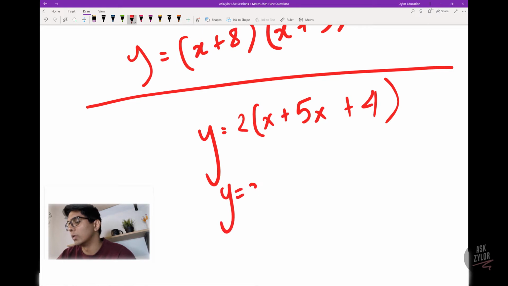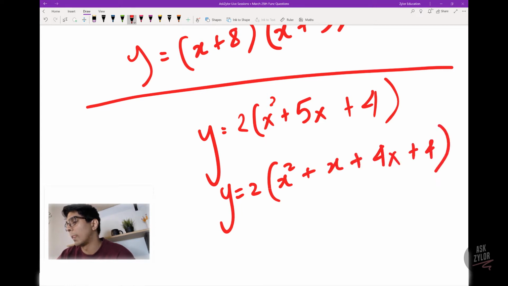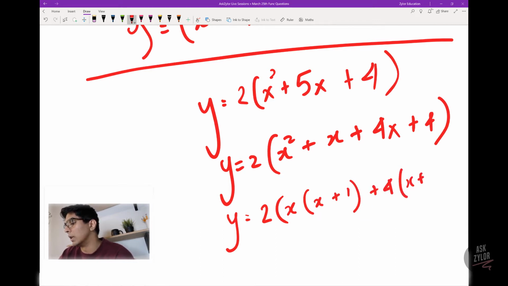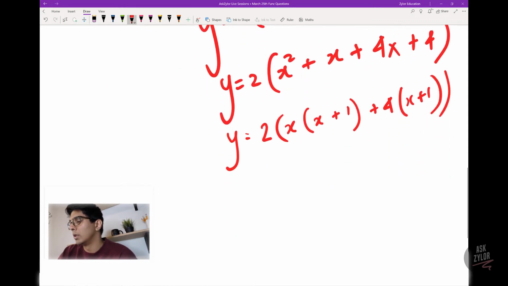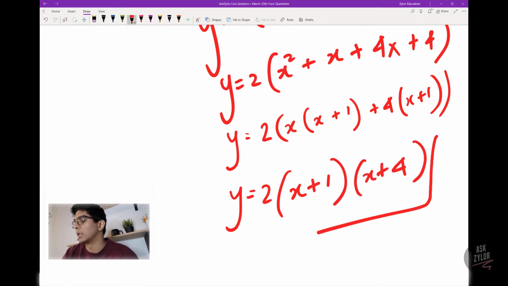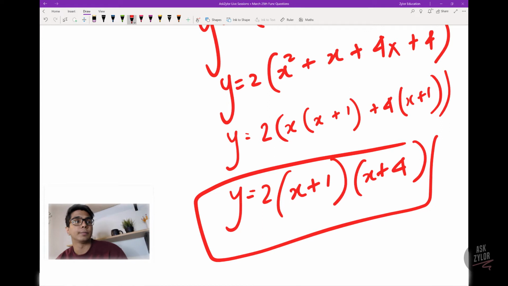So y is equal to 2(x squared plus x plus 4x plus 4). Then I group the first two terms and the last two terms. I can factor out an x from the first two terms to give me x(x + 1), and a 4 from the last two terms to give me 4(x + 1). So my two factors are going to be (x + 1) and (x + 4). So this is my factored form for that equation.